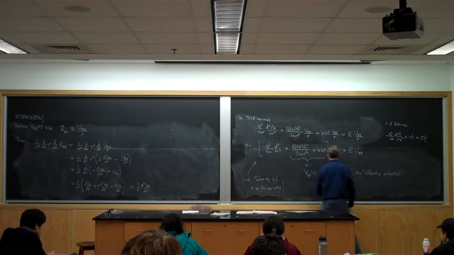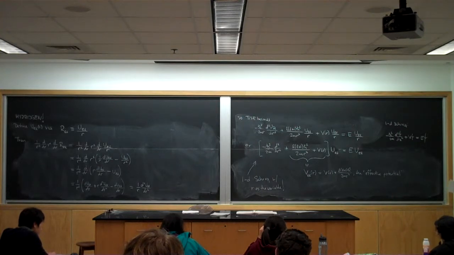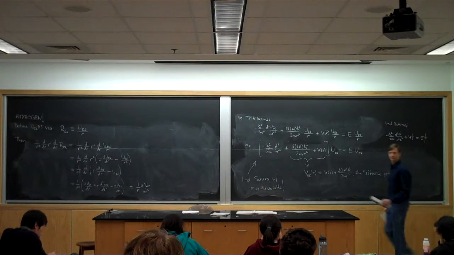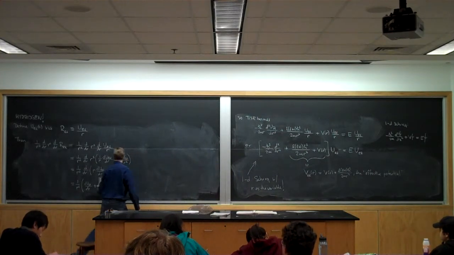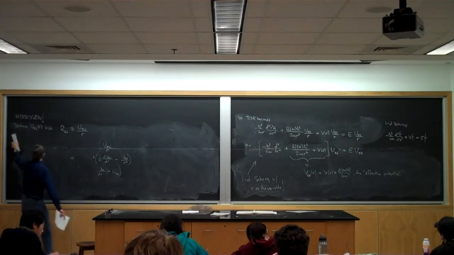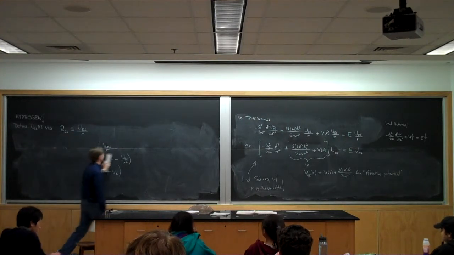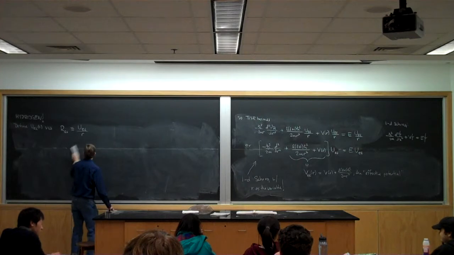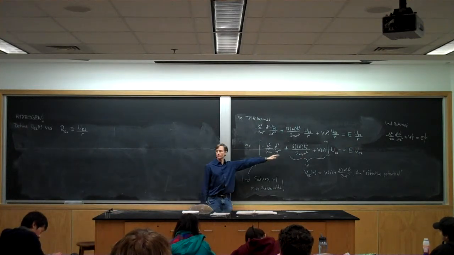So in other words, we've reduced our problem to the one-dimensional Schrodinger equation. That's the real payoff of introducing u(r): in terms of u(r), you get back to a one-dimensional Schrodinger equation.